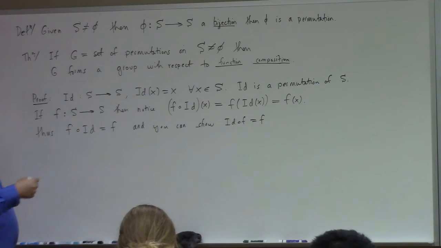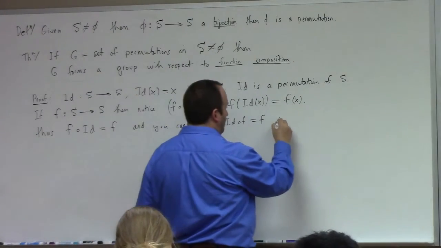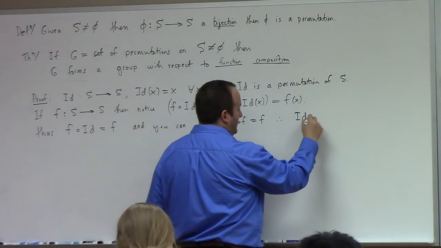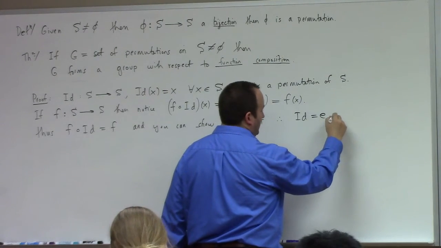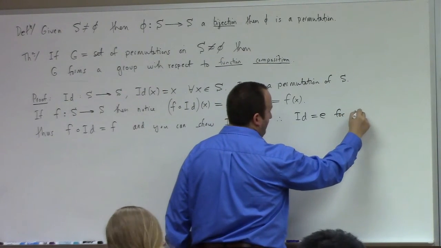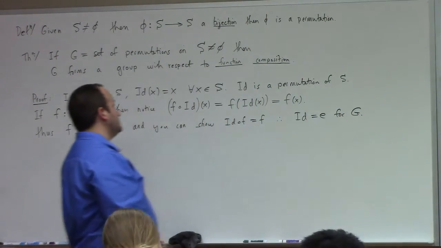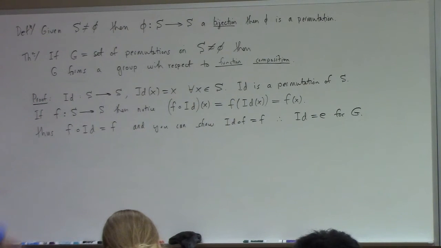Therefore the identity is equal to E for this group. So there's the proof that the identity map is in fact the identity of the group with respect to composition.